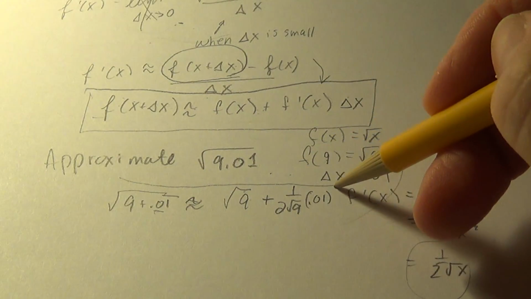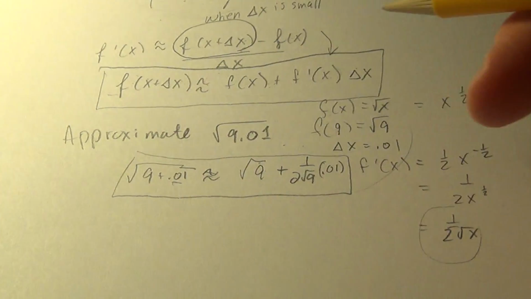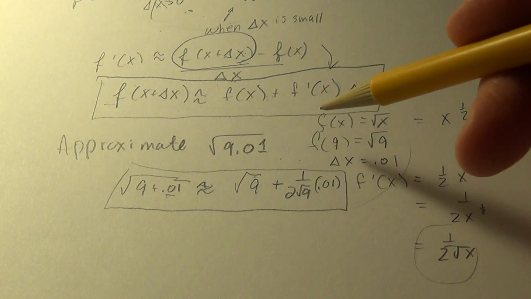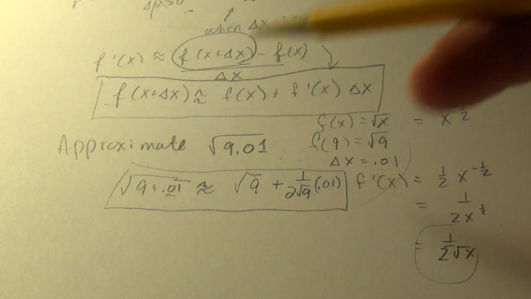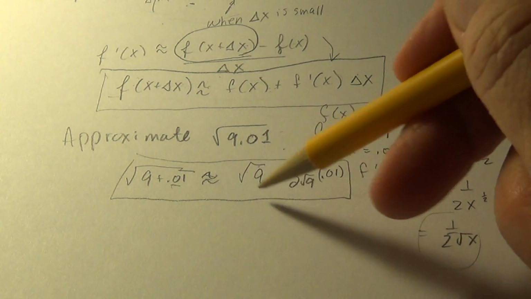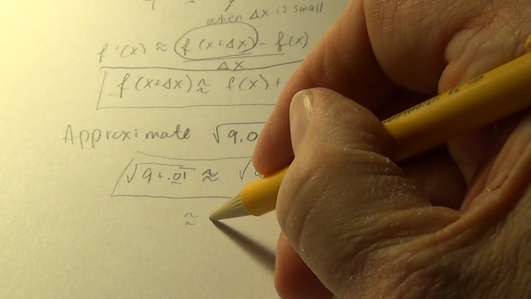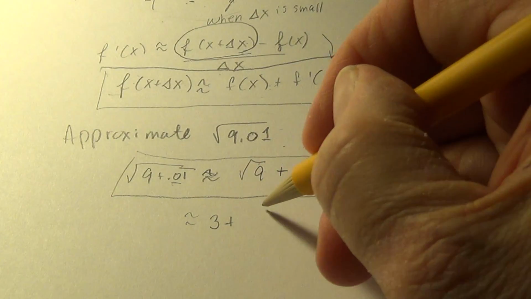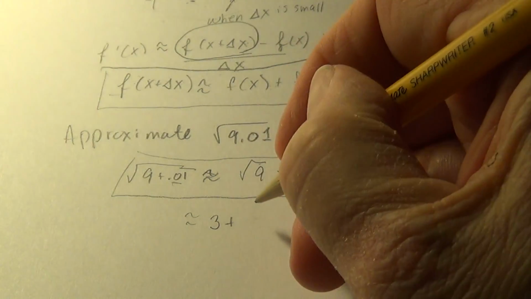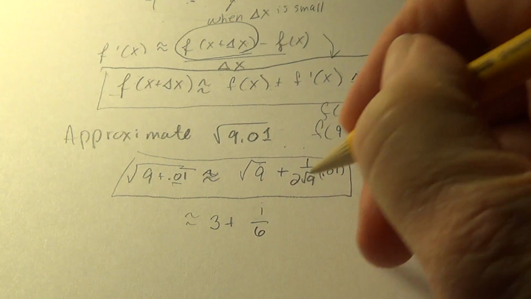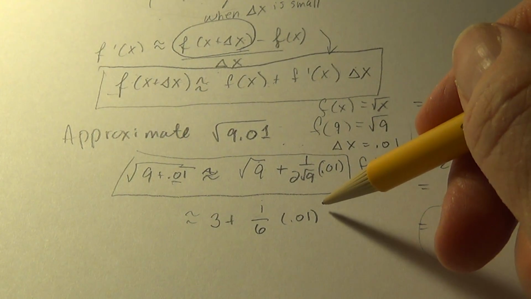So we are approximating using derivatives, without using a calculator to plug in the square root of 9.01. We can do all this pretty much by hand. So we get the approximate value of 3 plus 1 over 2 times 3, which is 6, times 0.01. So 1/6 times 0.01.